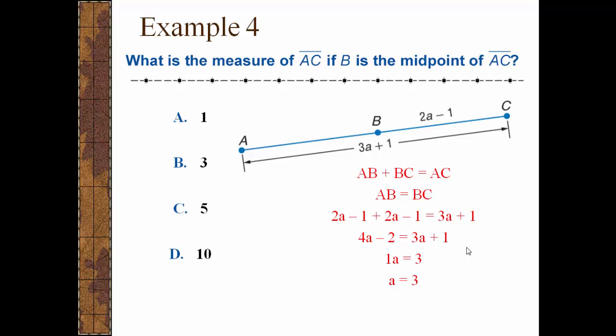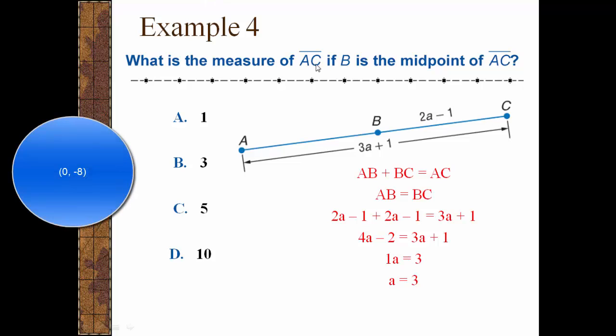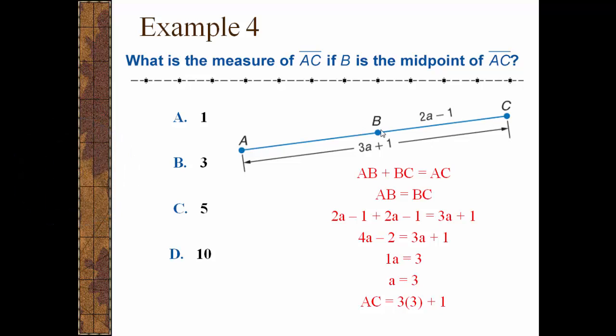Now, is this my answer? No. The question up here says, what is the measure of AC? In order to find that, I need to plug this 3 back in. So I'll have 3 times 3 plus 1 from up here. So my final answer is that AC is equal to 10.